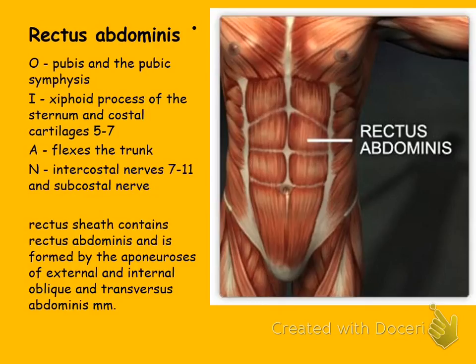It flexes the trunk, gives you that ripple effect on your stomach, and it creates this sheath across the abdominals. They're kind of like a connective tissue between the muscle parts. We call this an aponeurosis, and it gives you that separation of the muscle. It makes it look so nice and tight.